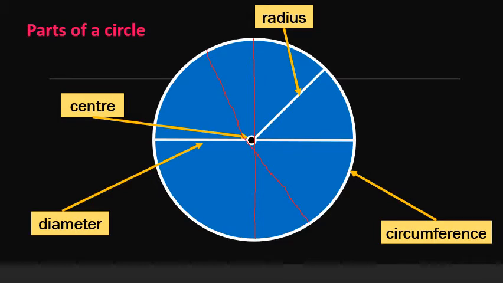We can see that the diameter, in essence, is twice the length of the radius. The diameter will always be the same, regardless of where it is on the circle. If it's vertical or diagonal or horizontal, it will always be the same, just like the radius. The radius will always have the same distance or length between the center point and the circumference.